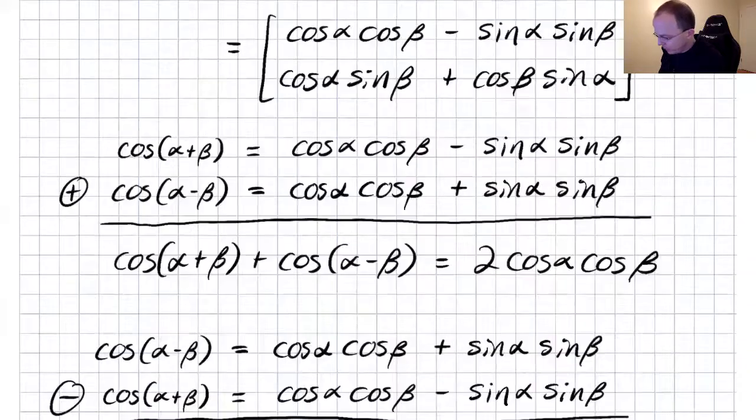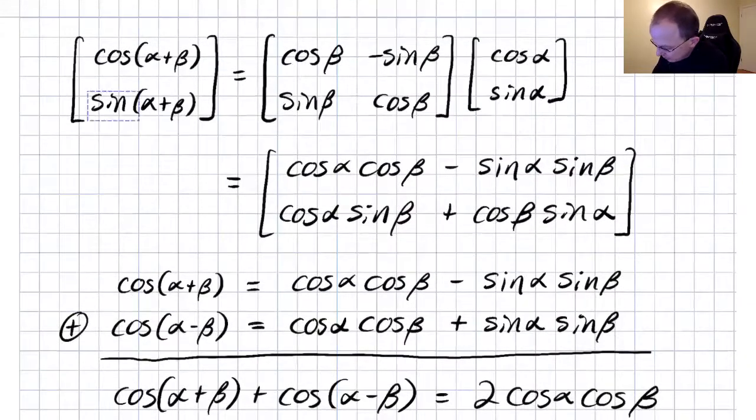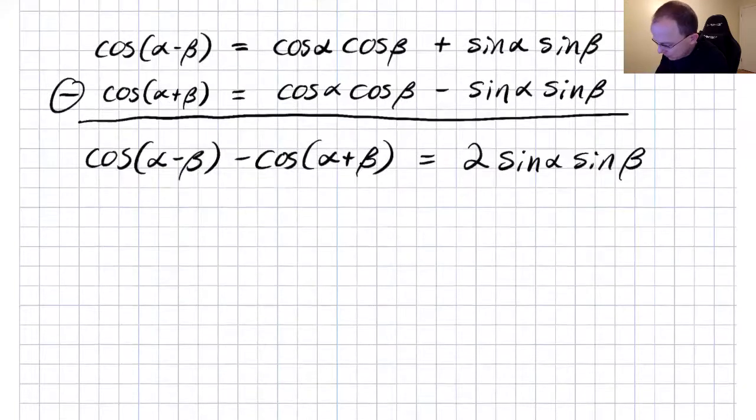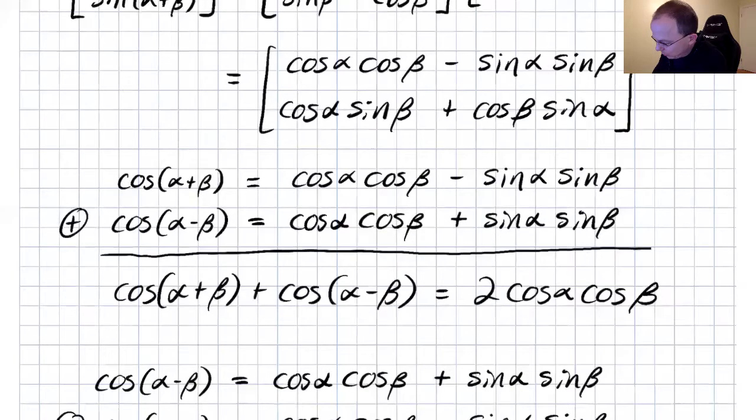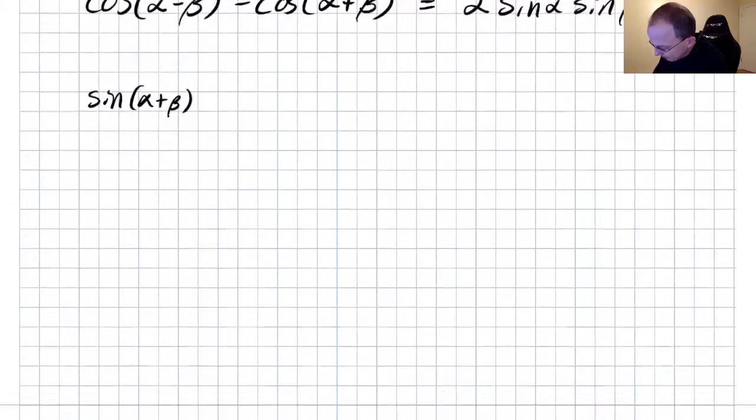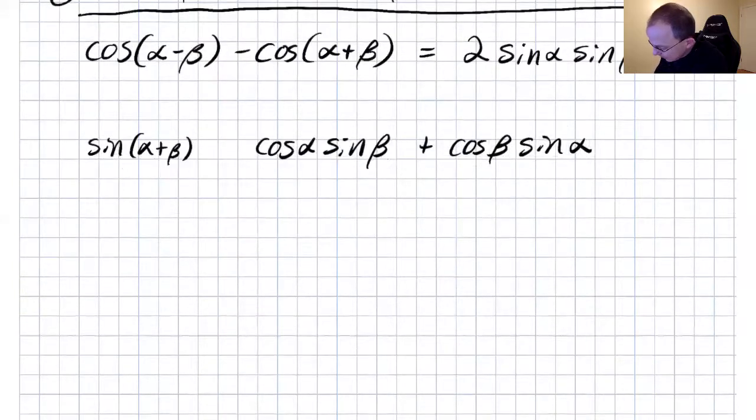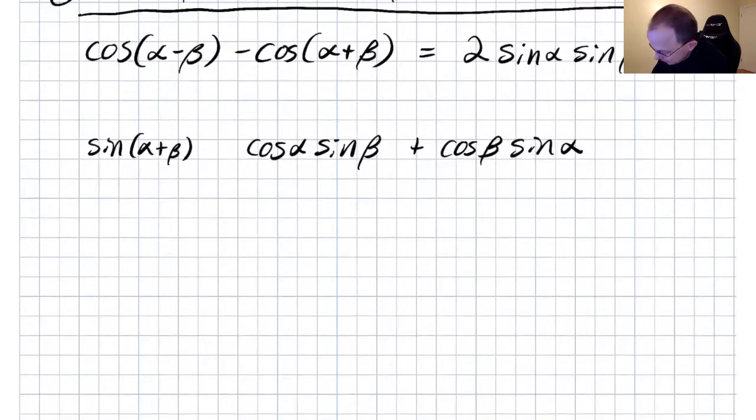And then there's one more trig identity that we can get from this. So we'll take this, and that is equal to this guy. And we'll do the same trick that we did before.